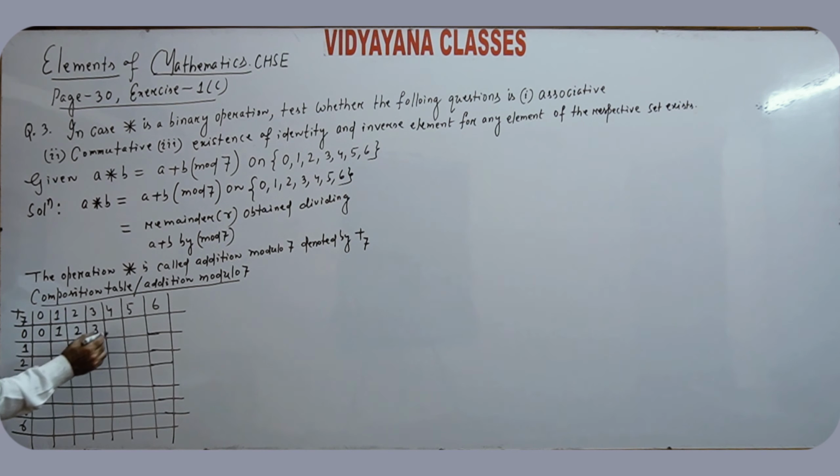Similarly 3, 4, 5. 0 plus 6 is 6; 7 divides 6 gives the remainder 6.